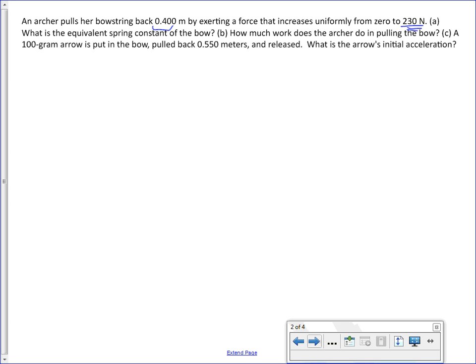What's the equivalent spring constant of the bow? Well, here, it's really just kx. I think that's something like 575.